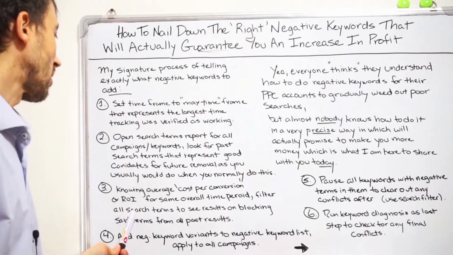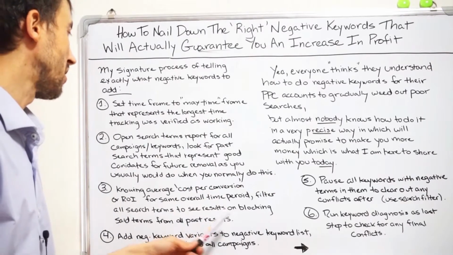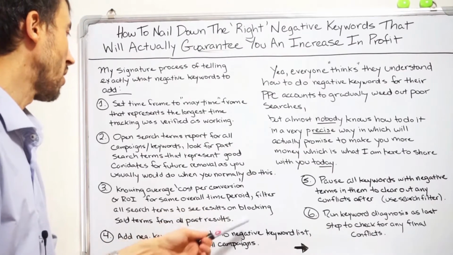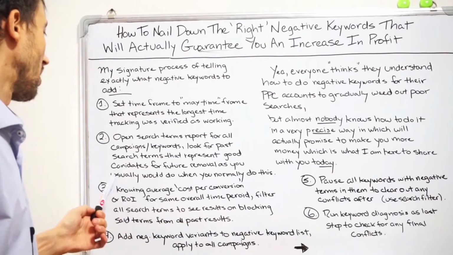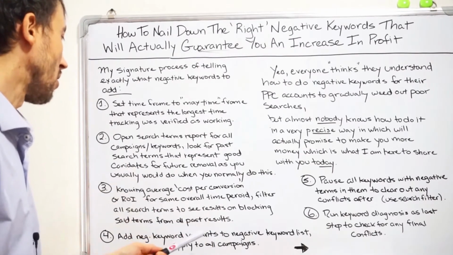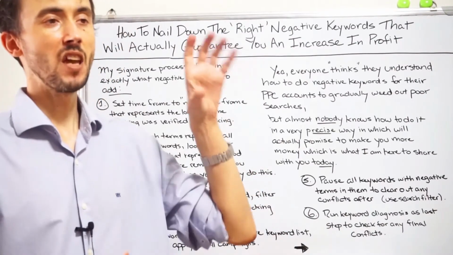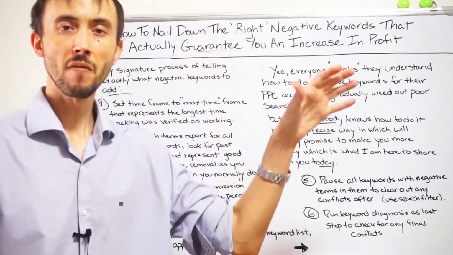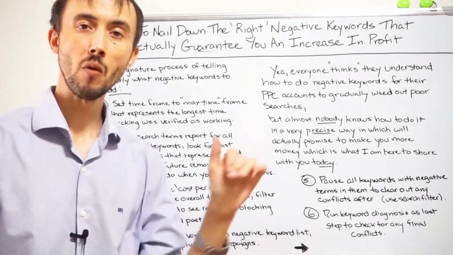You could now filter all search terms to see what words are generating what results from all past results, and if they're giving you results that are above where you need to be or below where you need to be.